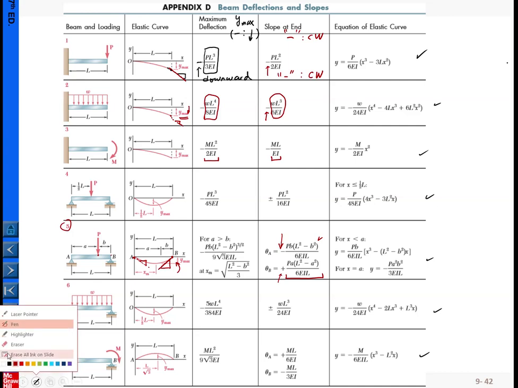So let me do this one here. For slope, the minus sign means the slope is in this orientation. Let me do the positive sign in a better way.